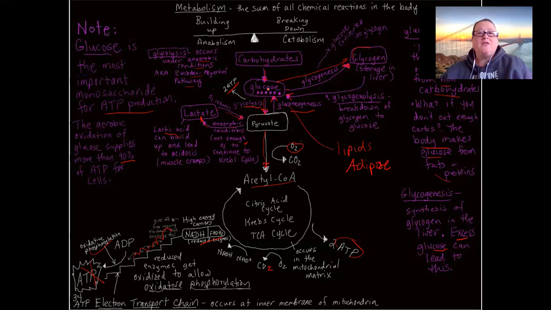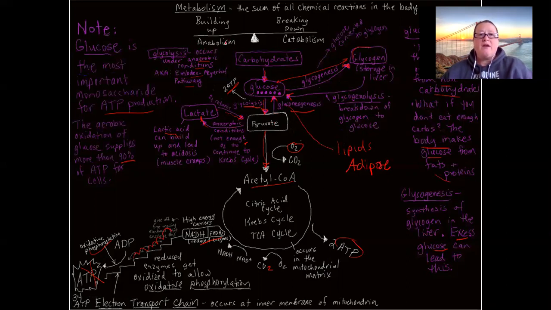Our brains can run on glucose, and it can also run on ketones, which we will talk a little bit about when we refer to fatty acids or metabolism, the breakdown of fats. So I encourage you to copy this down. It's an excellent review of just about everything you need to know about carbohydrate catabolism and anabolism.